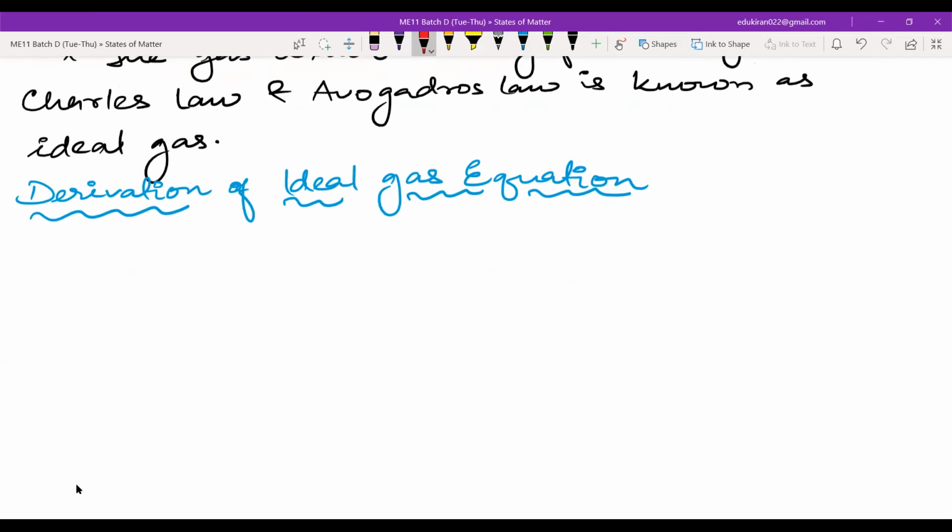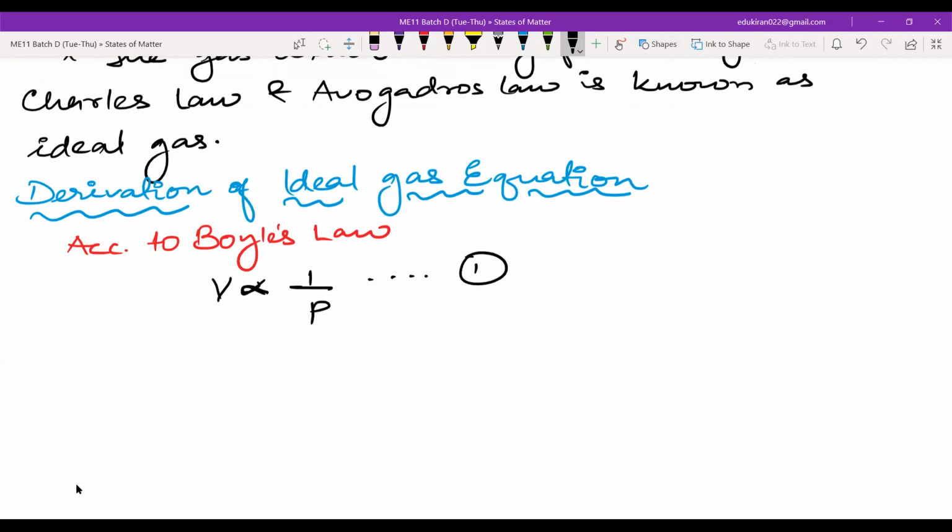According to Boyle's law, what does Boyle's law say? Boyle's law says that the volume is inversely proportional to pressure. Let us suppose this is the first equation. Next we have, according to Charles' law. What does Charles' law say, guys?